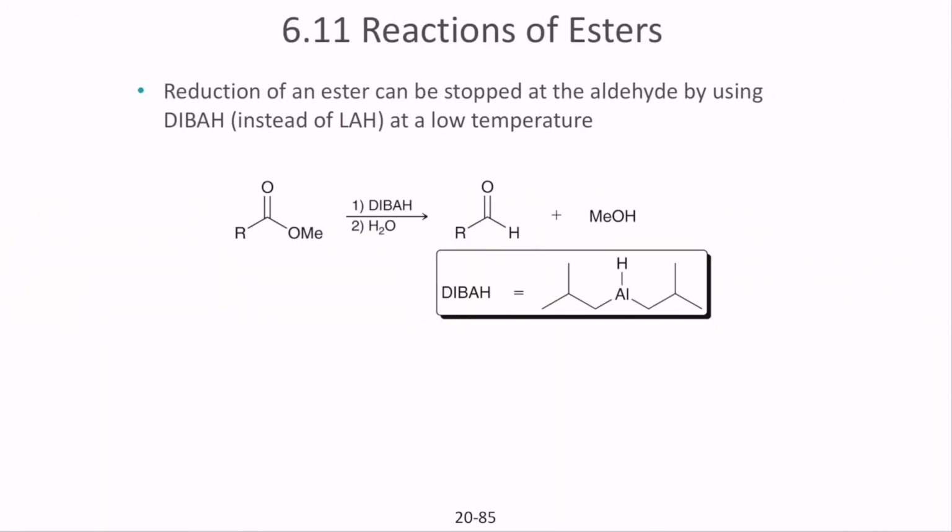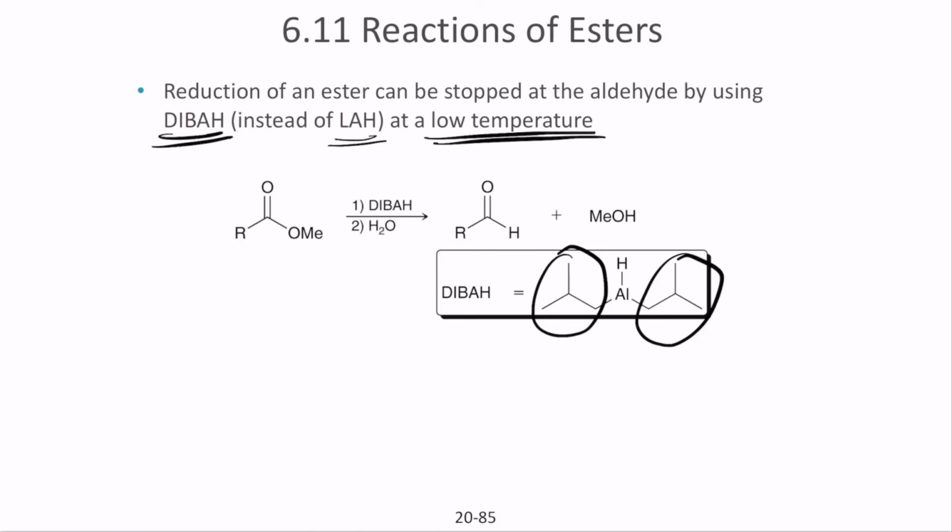Now, one of the other reagents we use instead of LAH is DIBAL. DIBAL is diisobutylaluminum hydride. Unlike LAH, which requires high temperatures, DIBAL can be used at low temperatures. And in place of creating two alcohols, it creates an aldehyde and an alcohol.